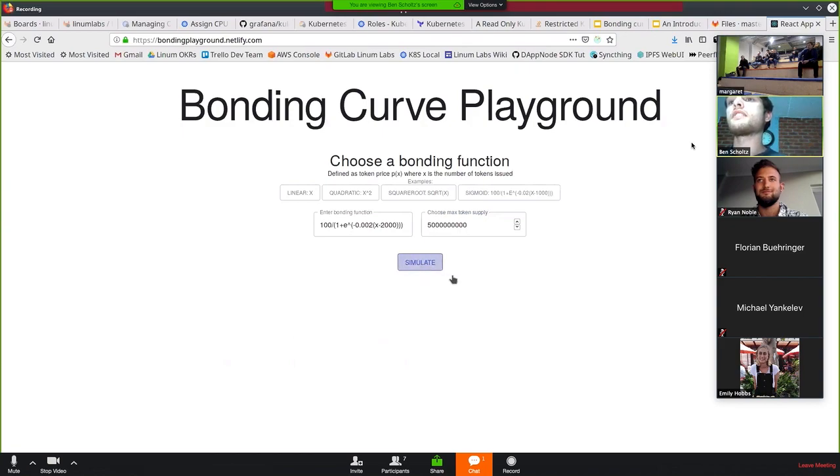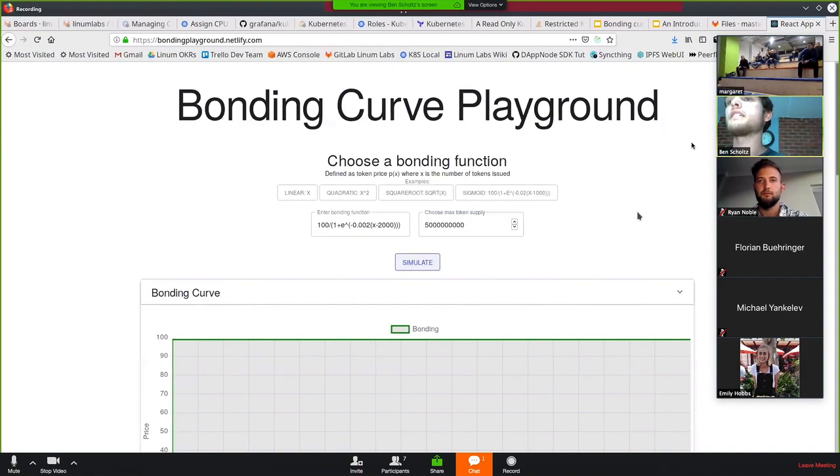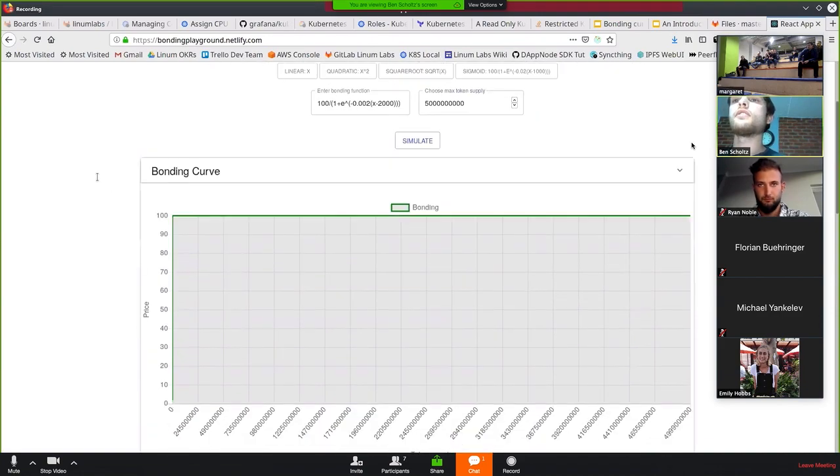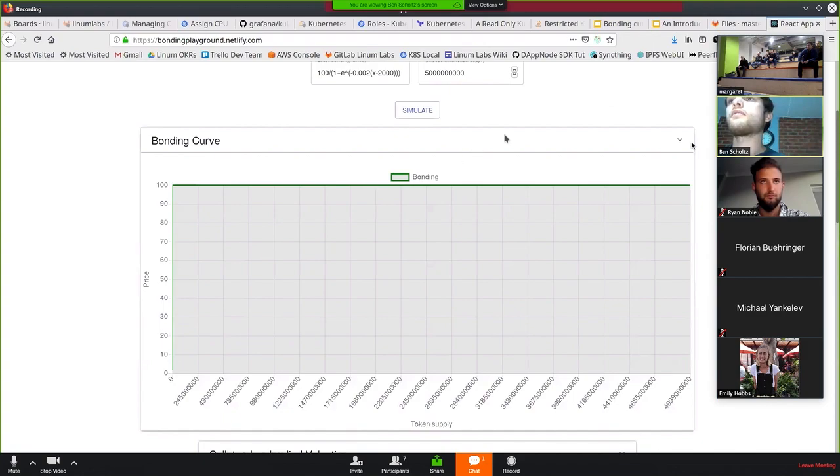So we've decided to make this all on the front end, no back end processing, just so that it's easier for people to work with code and contribute to the project. So it's all front end JavaScript, some web workers and things to ease the load a little bit. Yeah, it doesn't look right because the token supply is very large.